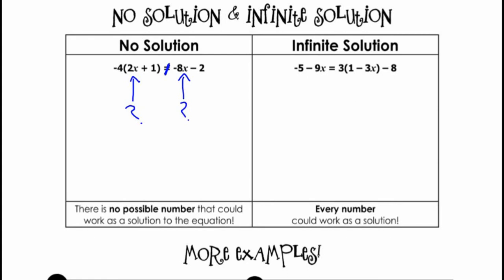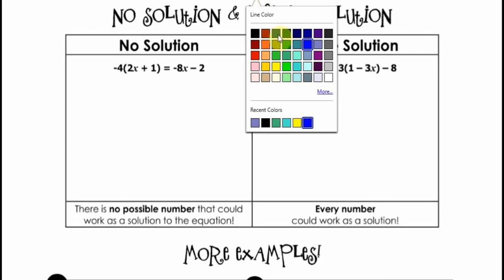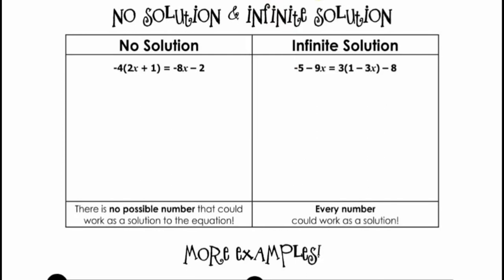Now, it's hard to tell just by looking at the equation, so let's see how we can determine that. Well, we have to go through the steps for solving the equation. I see parentheses.